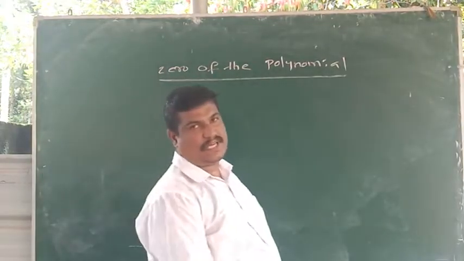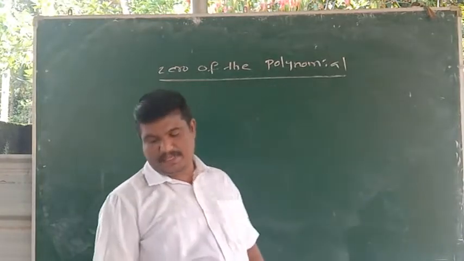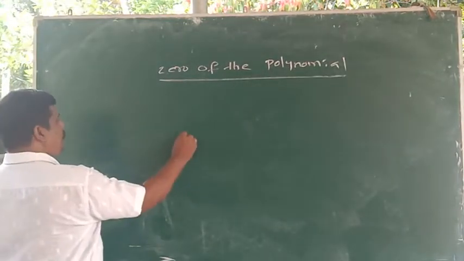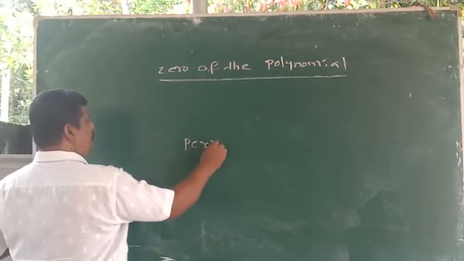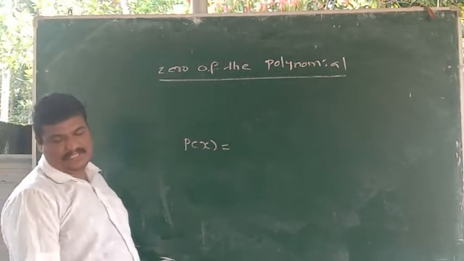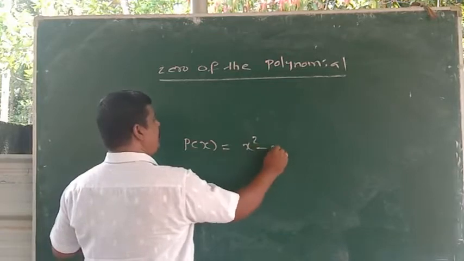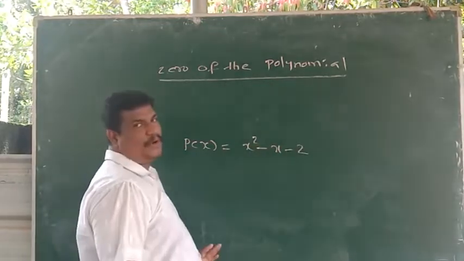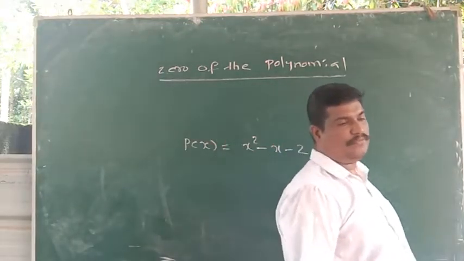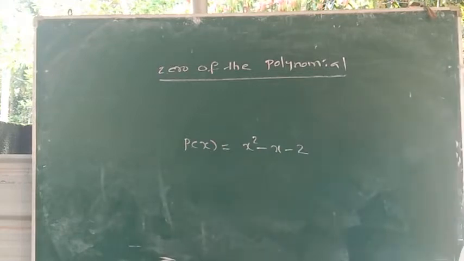Very important section is zero of the polynomial. Example: p of x is equal to x square minus x minus 2. X square minus x minus 2 is a polynomial. Okay, so p of x is equal to x square minus x minus 2 is a polynomial.